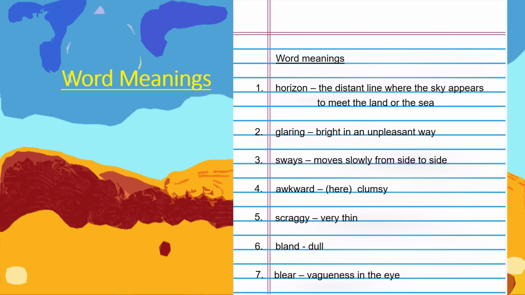Scraggy. Very thin. Number 6, bland. Bland. Dull. Number 7, blear. Blear. Vagueness in the eye.